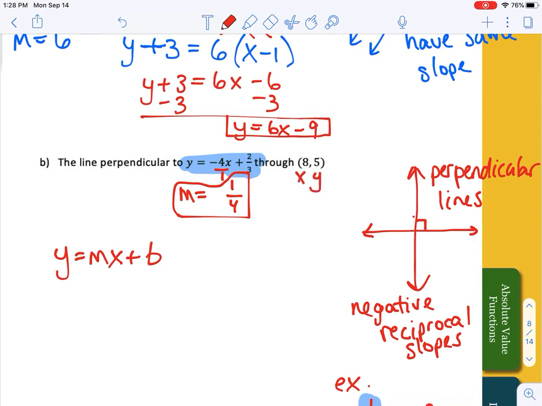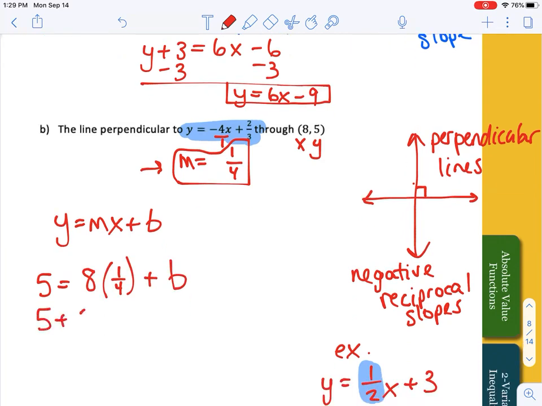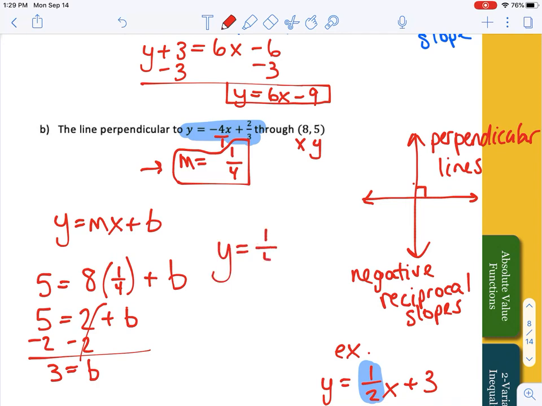We have an x, we have a y, we have an m. Plug it in. 5 equals 8 times 1/4 plus b. Solve for b. So b is going to equal 3. Now just plug m and b into our equation. Y equals 1/4 x plus 3, and you are done.